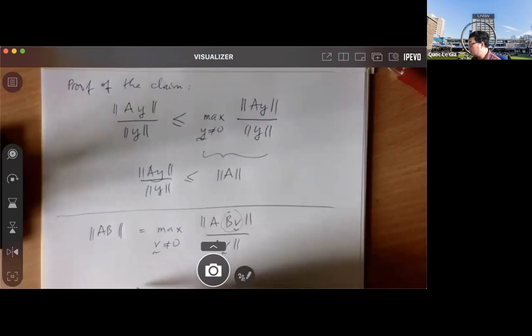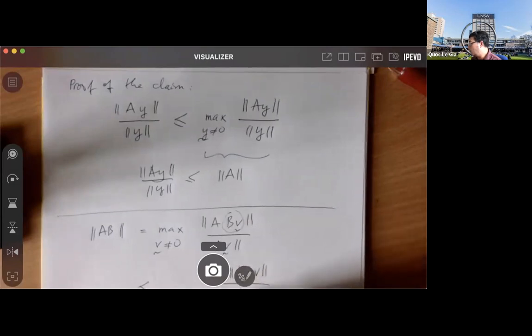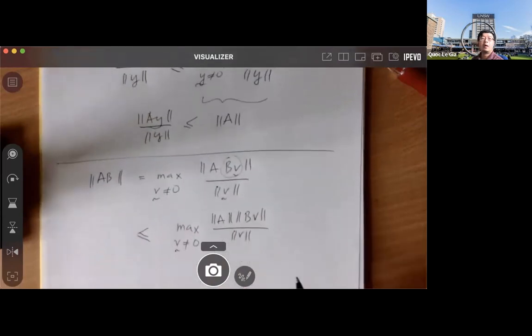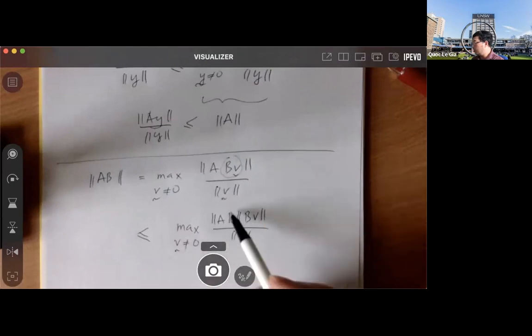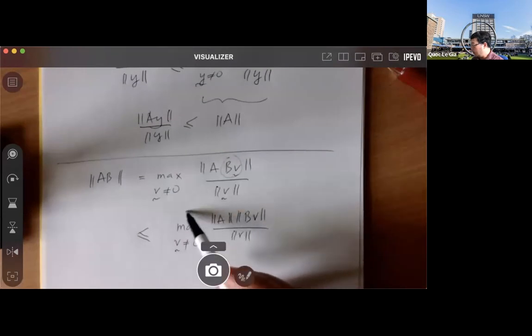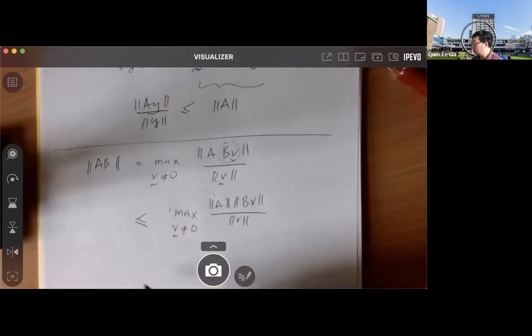Then this will be less than or equal to the norm of A times the norm of BV over the norm of V. It is still correct when you take the max. This is inside the max, but it's still correct. Now the norm of A doesn't depend on V anymore, so you can take it outside the max.